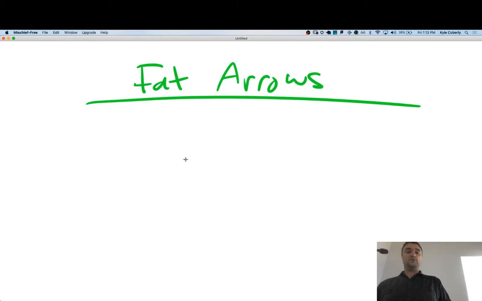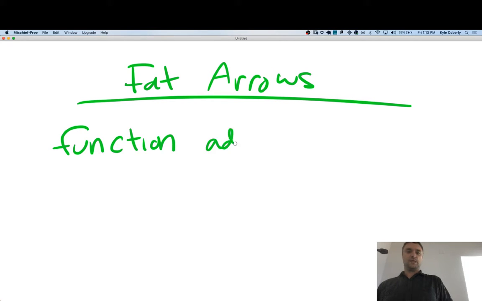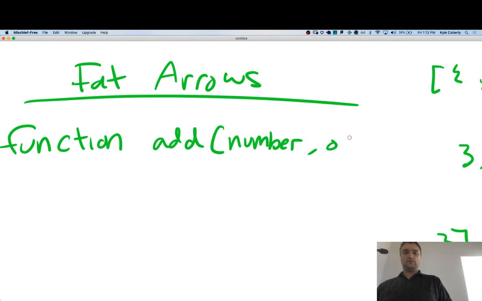So fat arrows are another syntax for functions. So we can write a function like function add takes in number and an other number.